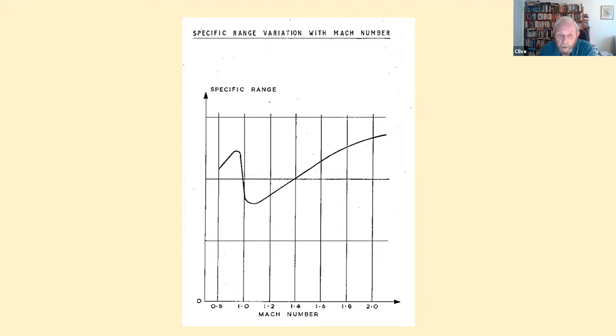As you increase in Mach number, it improves, and it's still steadily improving up to Mach 2. But beyond this point, you start running into engine intake difficulties and material difficulties. So we ended up trying to design an aeroplane for Mach 2.